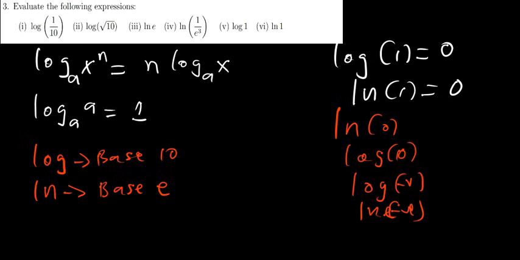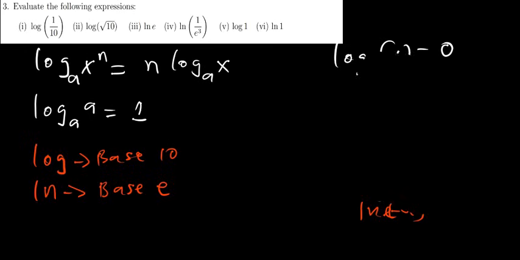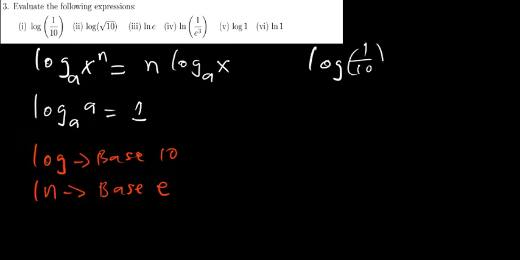Now we can use these basic rules to evaluate what we have. So let us start with the first question. I mentioned that log, if there is no base, is in base 10. So I need to make the base and this number the same, so I apply this law.